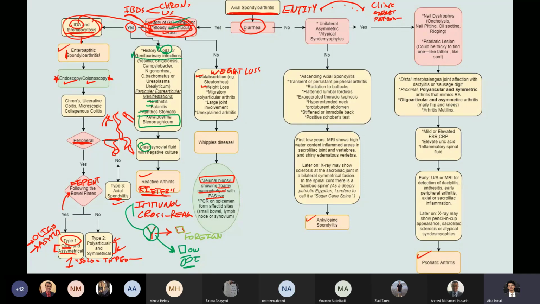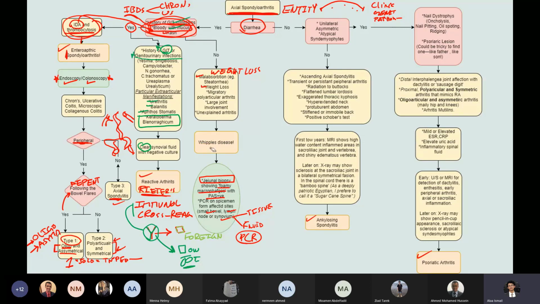PAS positive stain. Or instead of going inside the gastrointestinal tract and taking a specimen from the small bowel, you could also reach for the lymph node or the affected joint to take either synovial tissue or synovial fluid, and from this you're going to do the PCR test to detect the organism.